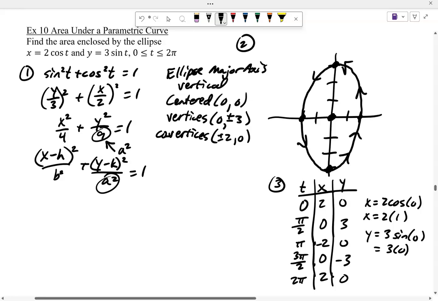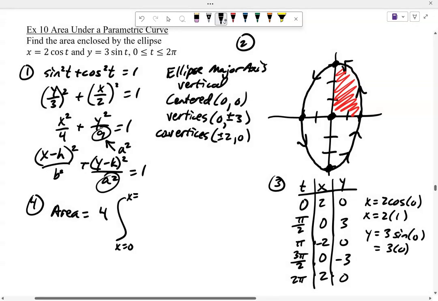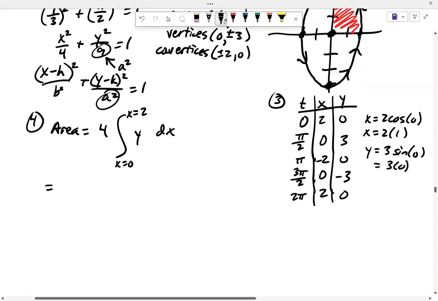Anyways, got our parametric curve. It's trying to have us find the area of this, right? So what I'm going to do is take a fourth of it, find that area, and then just multiply by 4. And so this step 4 here, this area would be 4 times that. So I'm going from x being 0 over to 2 of y dx, right?